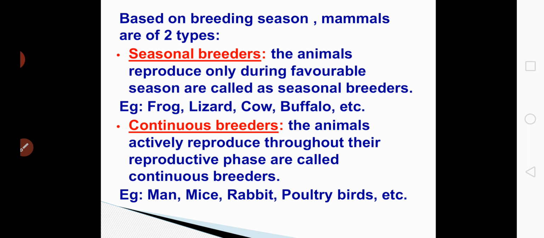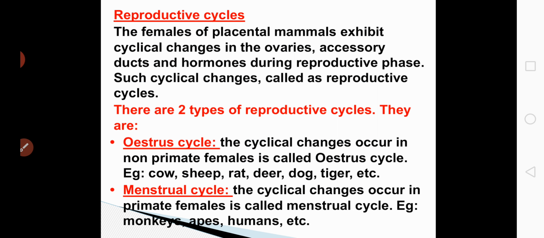Examples for continuous breeders are man, mice, rabbit and poultry birds, etc. So seasonal breeders and continuous breeders are the types of mammals based on the breeding season. Is that clear? Okay, we'll move on to the next point, that is about the reproductive cycles.